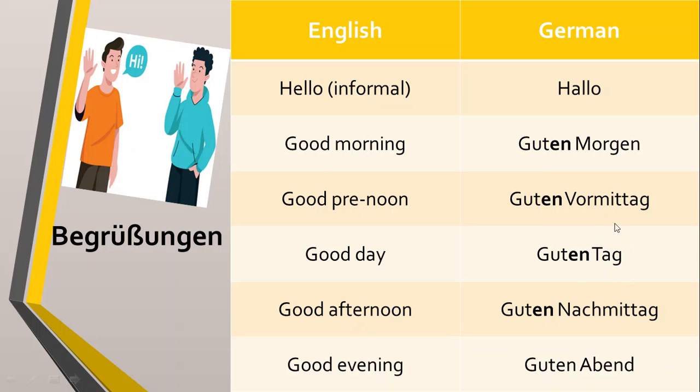Then the Tag is the time of the day between 12 o'clock and 2 o'clock. And afternoon is between 2 o'clock and 6 o'clock. Evening is between 6 o'clock and 10 o'clock. These timings are what Germans consider as the morning, the pre-noon, the day, afternoon, and the evening.